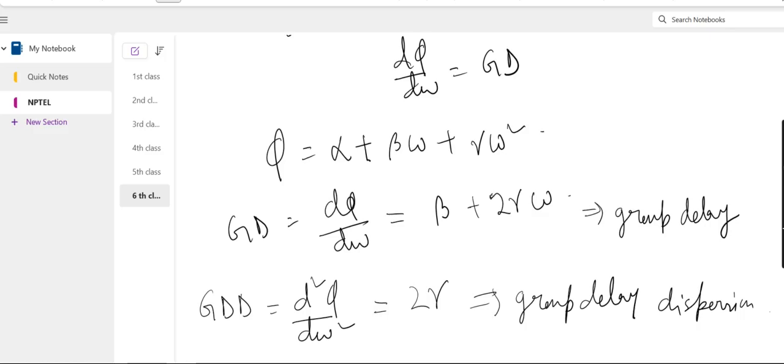So no matter, gamma can be 2, so gamma square can be 4, so that is also a constant. If gamma is constant, gamma square is also constant. Do not take derivative of that constant.